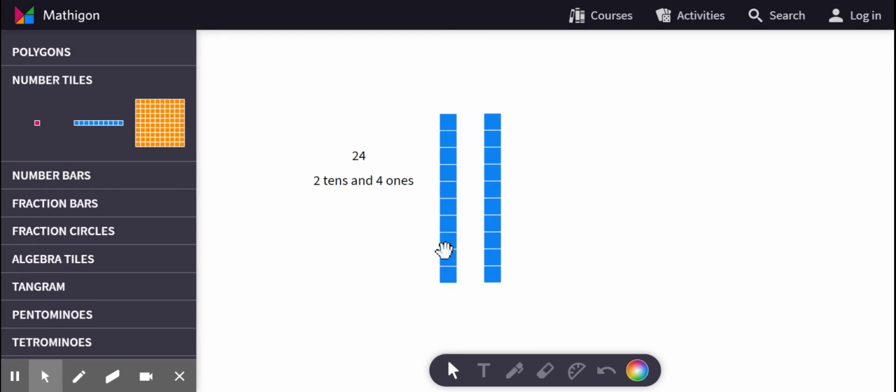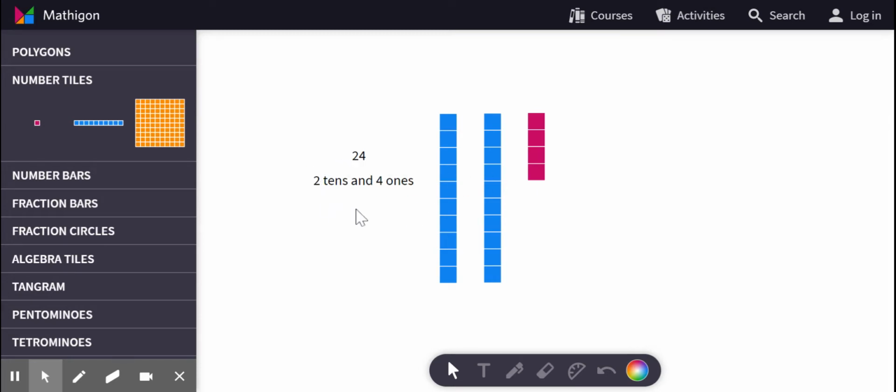I have 10, 20, and now I can go back to these little guys and I can do 21, 22, 23, and 24. So instead of drawing 24 individual cubes, I have 2 10 sticks and 4 ones. So that is right here.